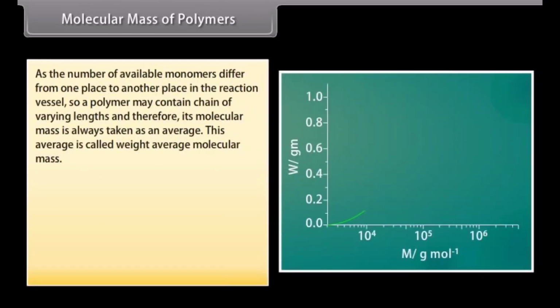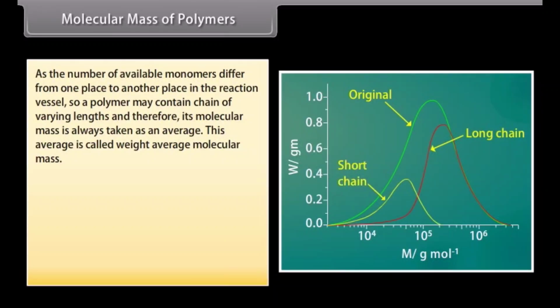Molecular mass of polymers. During the formation of polymers, the growth of the polymer chains depends upon the number of monomers available in its vicinity. As the number of available monomers differs from one place to another in the reaction vessel, a polymer may contain chains of varying lengths and therefore its molecular mass is always taken as an average.